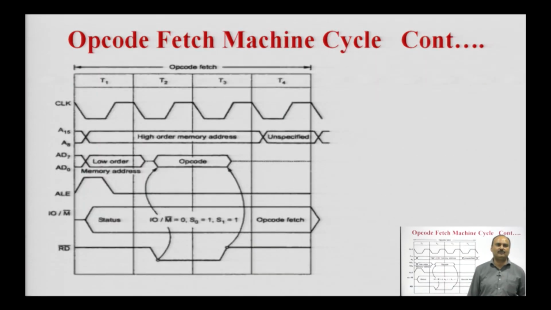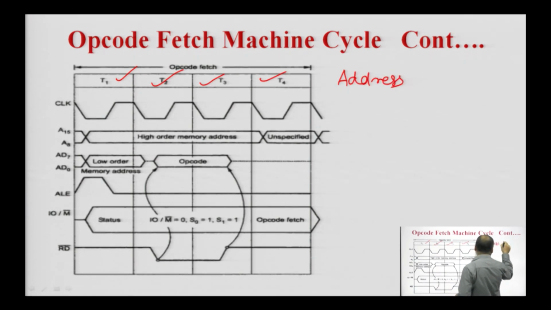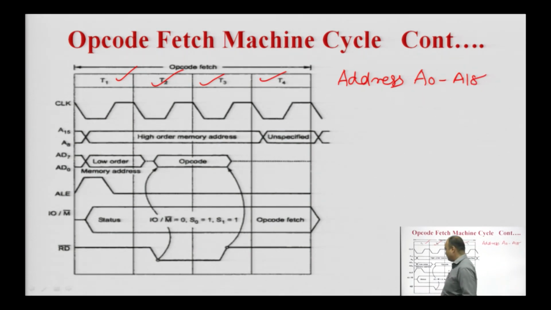So, let us see the opcode fetch machine cycle. Generally, the opcode fetch machine cycle has T1, T2, T3 and T4 T states. The first job is to fetch the operation code, so we require the memory address. The address is carried by the A0 to A15 address lines of the microprocessor.